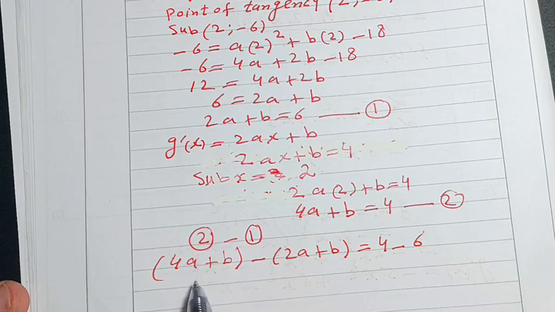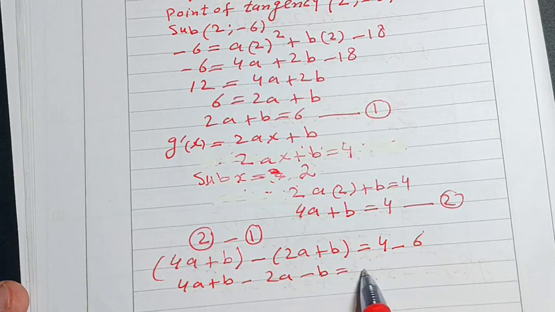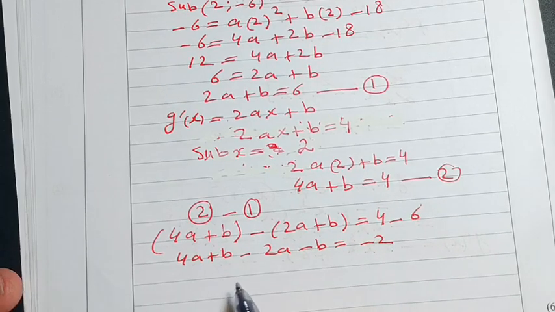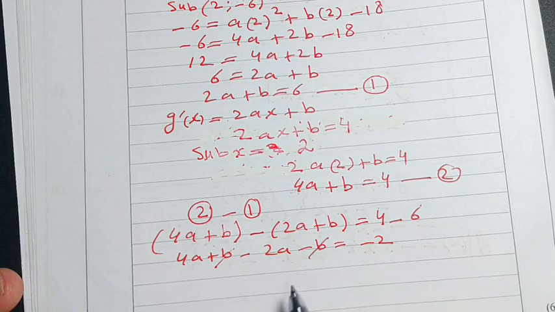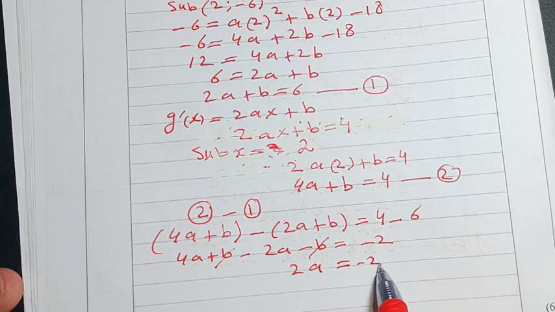I'm going to simplify here now: 4a plus b minus 2a minus b is equal to negative 2. Positive b and negative b cancel, so we're only left with 2a is equal to negative 2, therefore a is going to be negative 1.